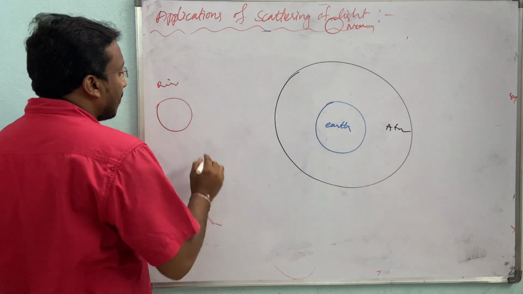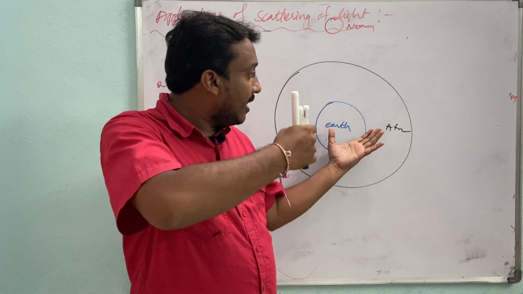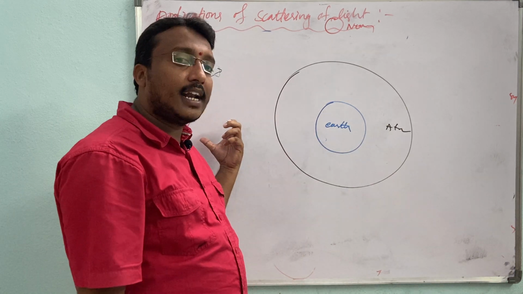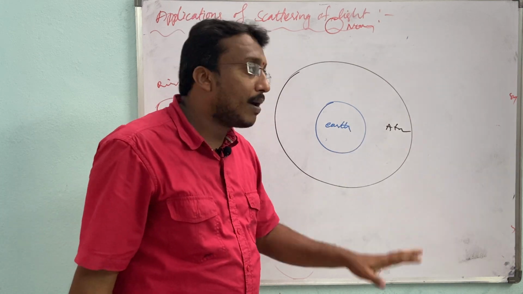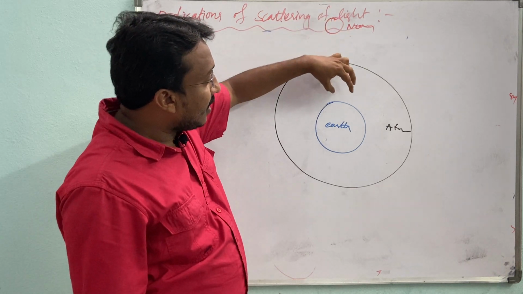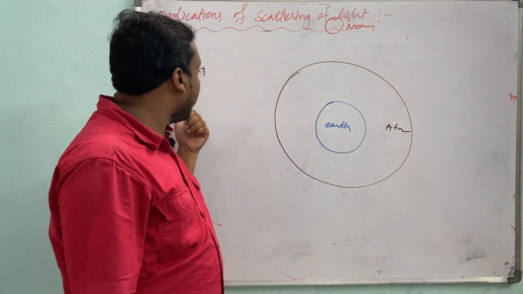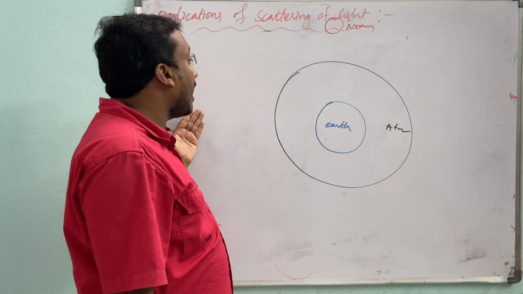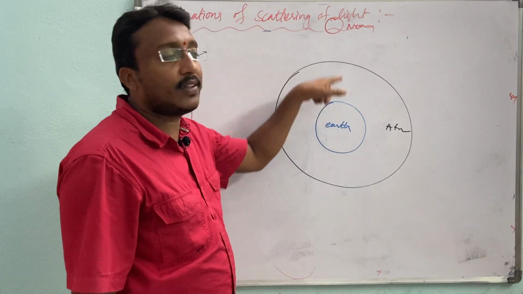Comparing the distance between the sun and the earth, in the case of sunrise and sunset the distance is greater than at noon. Got it? So the light should travel a much longer distance at sunrise and sunset than at noon.